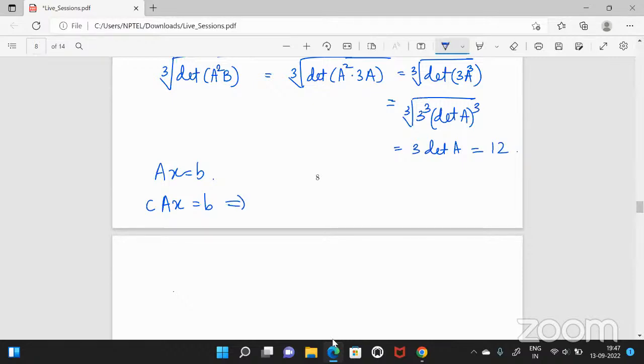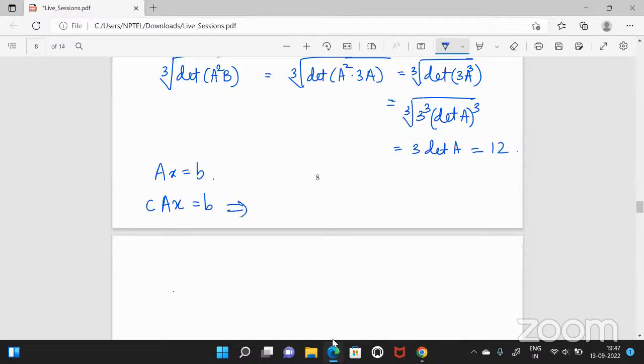Yes. And then what can you tell? From here, how can you associate it with AX is equal to B? No, ma'am, I am not getting it.